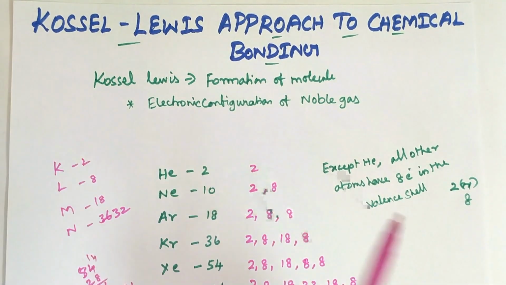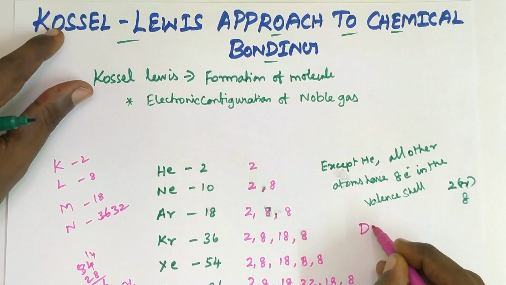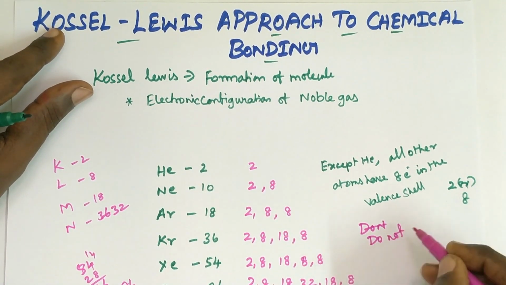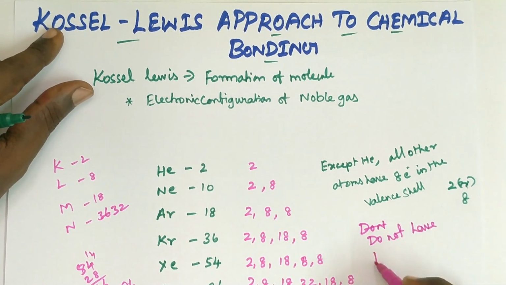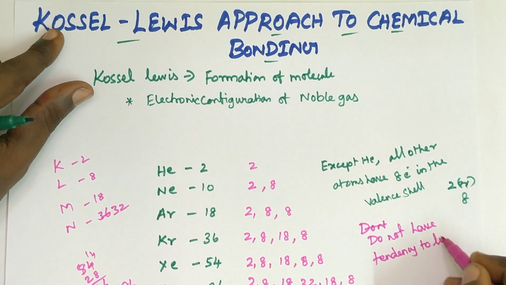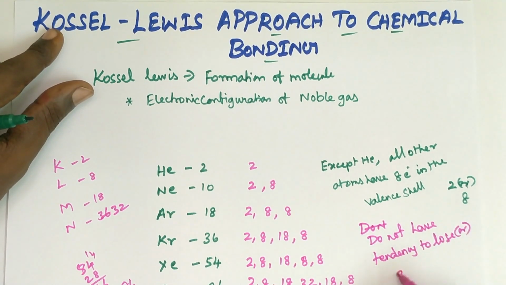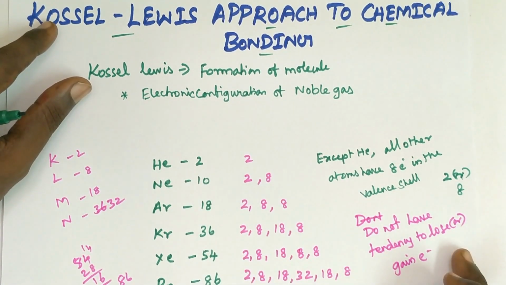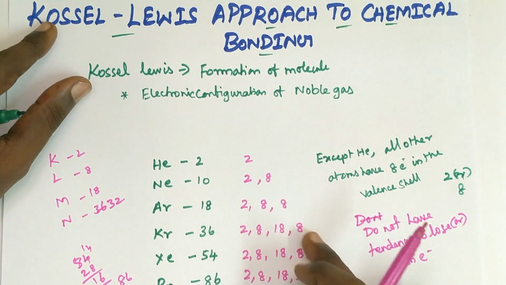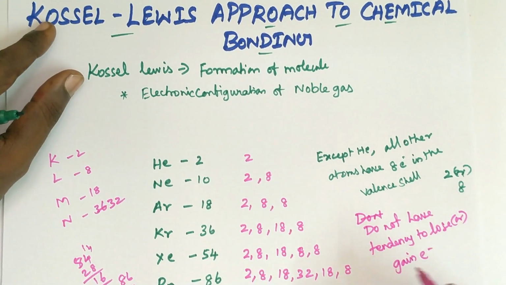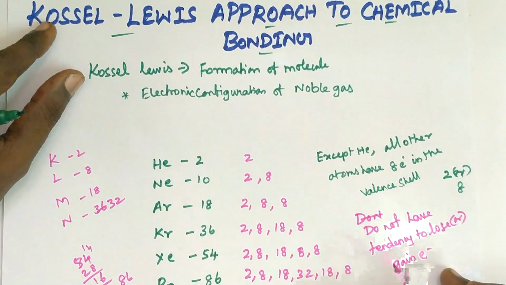Hence they do not have the tendency to lose or gain electrons, because the outermost shells are completely filled in the valence shell, so there is no possibility to lose or gain electrons.